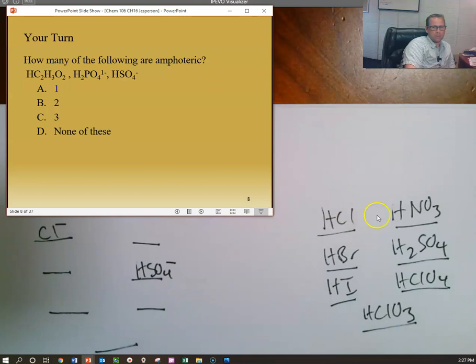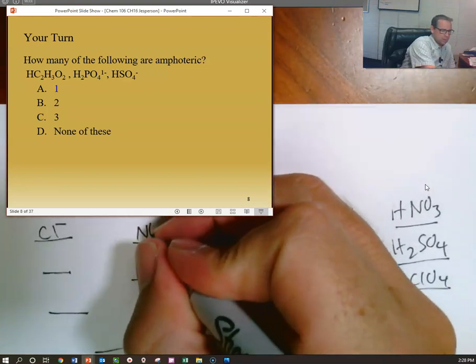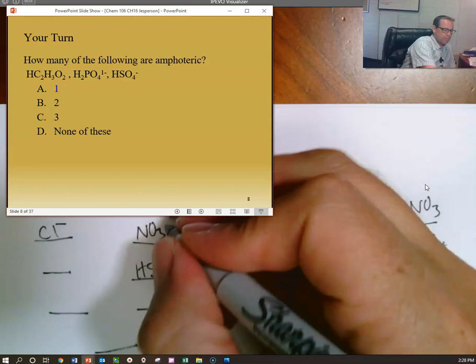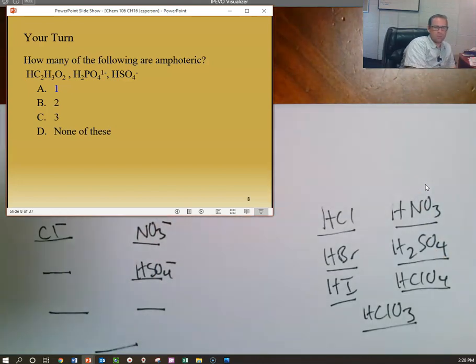For nitric acid, would you just take away the hydrogen, so it would just be NO3? What else am I missing there? Minus. Very good. Keep going. You're on a roll. I'm going to do the ones that I know.